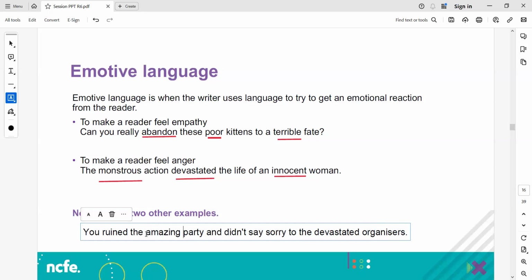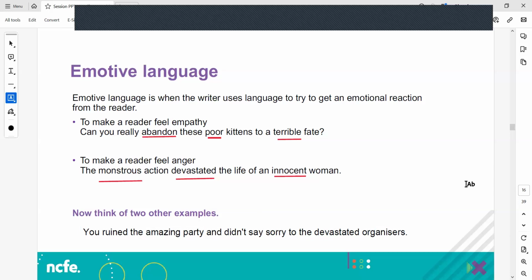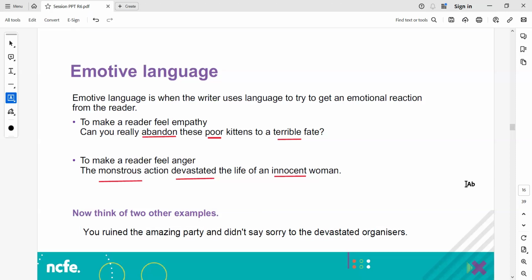You ruined the amazing party and didn't say sorry to the devastated organisers. So can you see there? So we've started off with a good example, but we've added more vocabulary, more adjectives to increase the emotion and get more reaction from the reader.